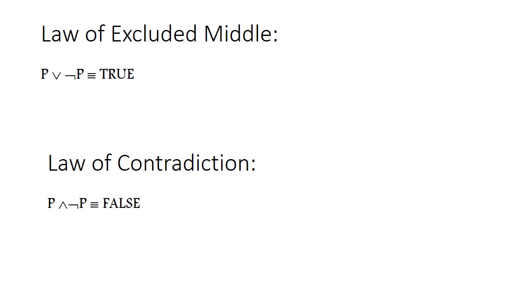But you cannot say it is raining and it is not raining. Then it becomes a contradiction, which is governed by the law of contradiction. It says P and not P is a false situation.